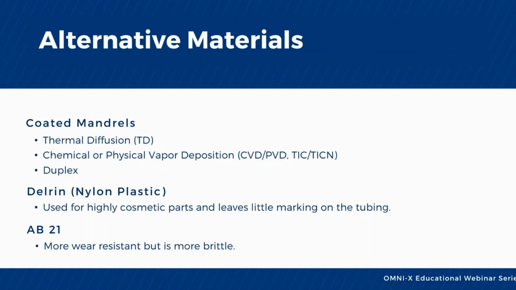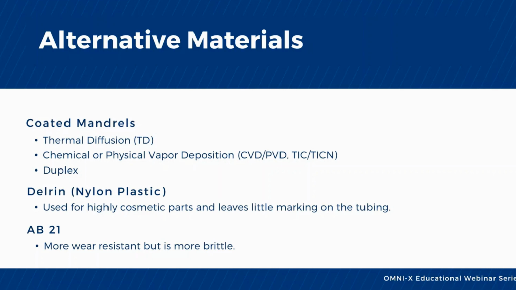Sometimes applications that are higher volume or have very specific quality standards will benefit from different materials. For typical high volume automotive applications, industrial coatings can offer longer life for mandrel components. Since tube bending is a slow but high pressure process, typical coatings from other industrial processes don't always work well.